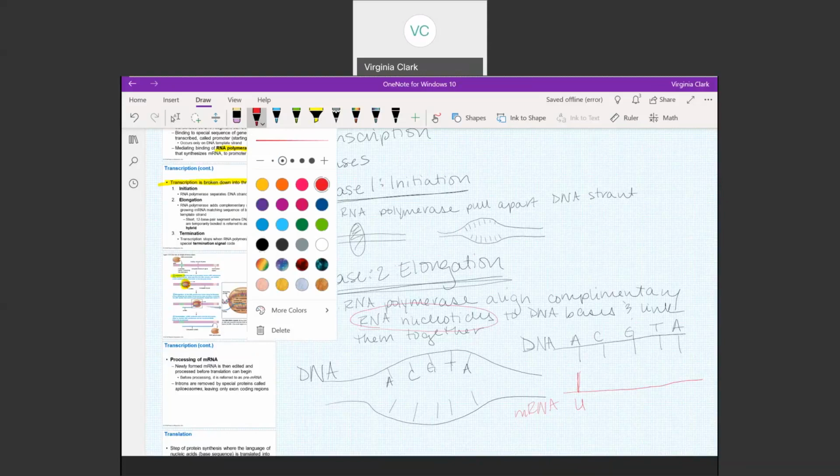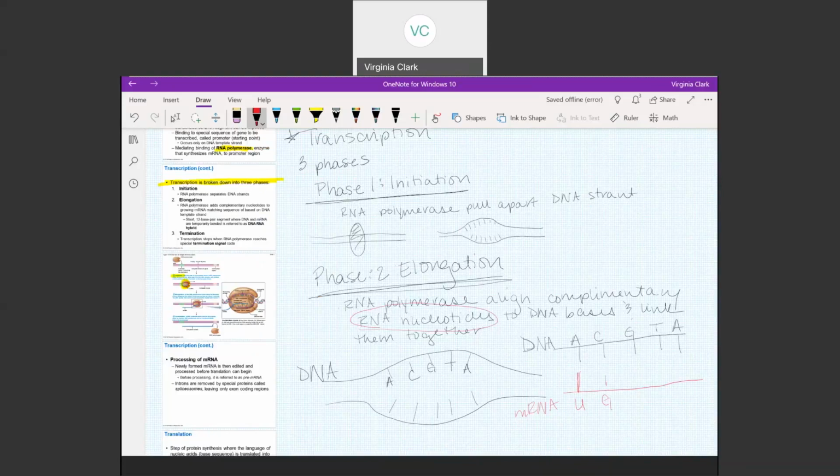My C is still going to connect to a G. My G is still going to connect to a C. My T, DNA has a T. The T will still connect to an A. But the DNA has an A, mRNA is going to have a U. So when you actually get to the final mRNA code, it should be without any T's. All of the T's should be flipped and be U's. So this is how you get that RNA nucleotide sequence put onto the bases.